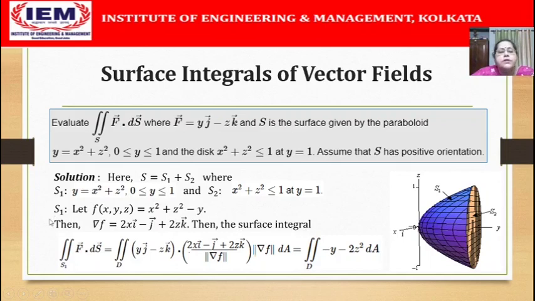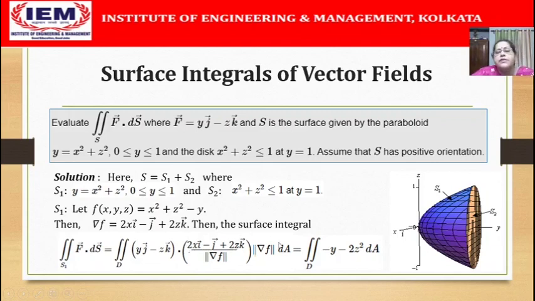The surface integral of F dot dS over S1 is given by this expression, where F is y j minus z k, and dS actually stands for unit vector n dS, the surface element. The unit vector n is grad f by mod grad f. So we write the expression for grad f over here.